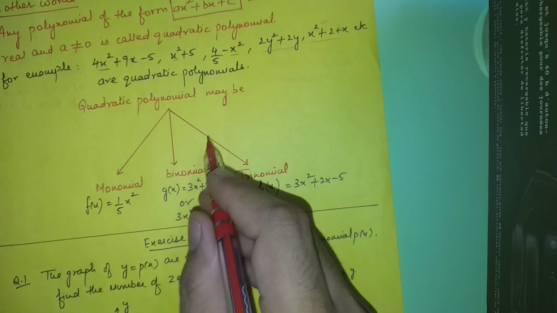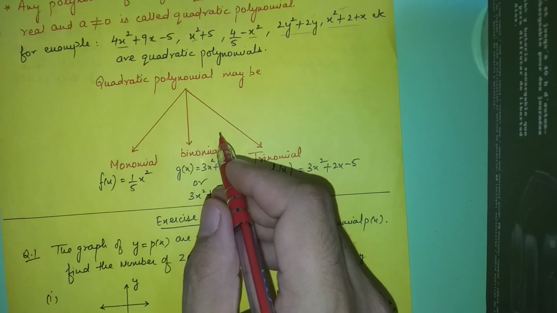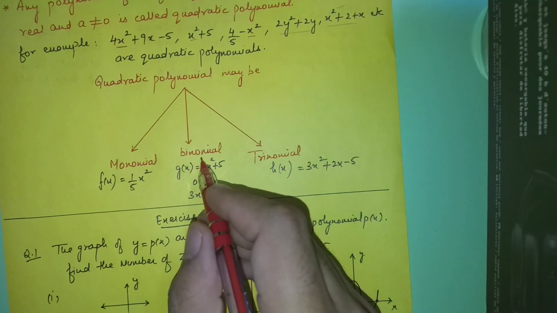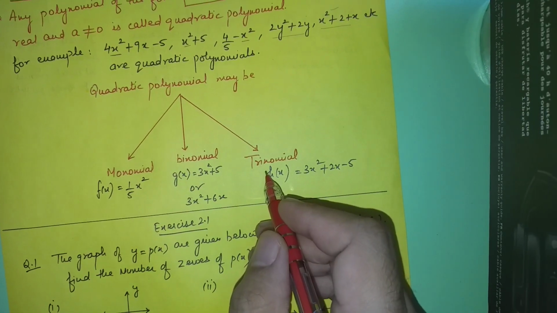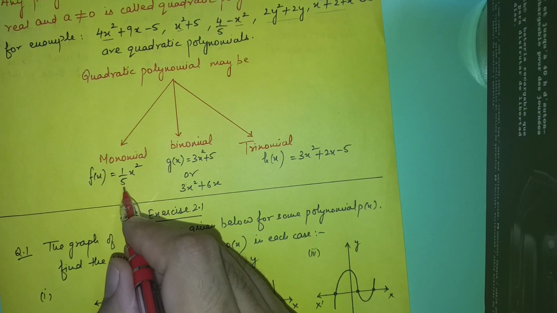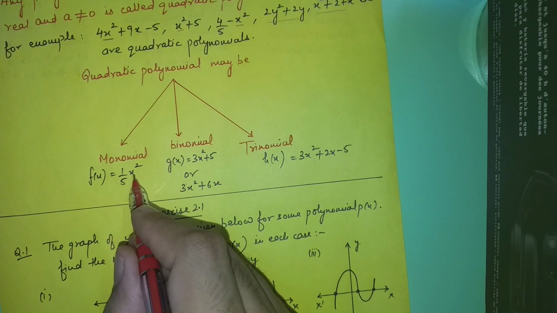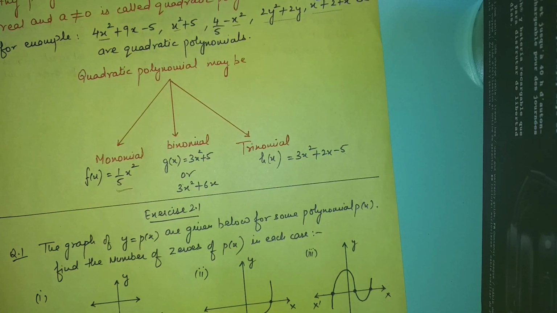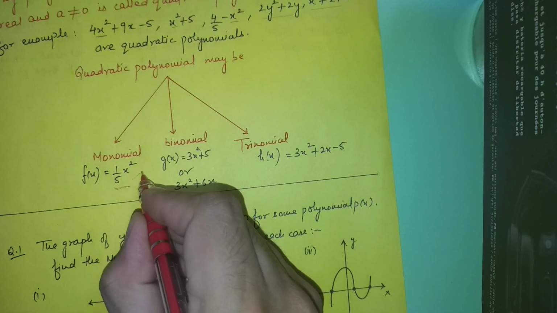Now a quadratic polynomial is basically of three types: monomial, binomial and trinomial. In a monomial, we have only a single term, 1 by 5 x square. So it is called a monomial.